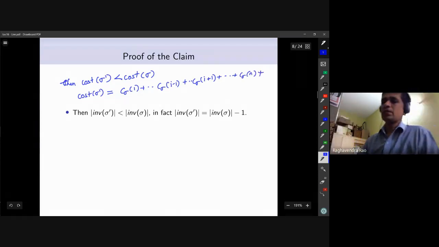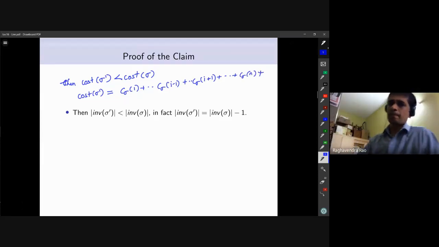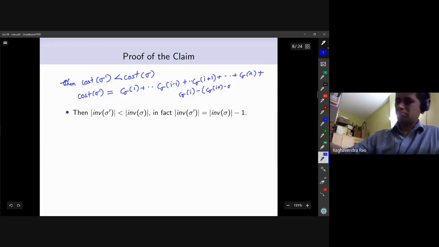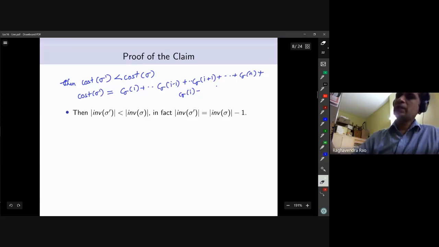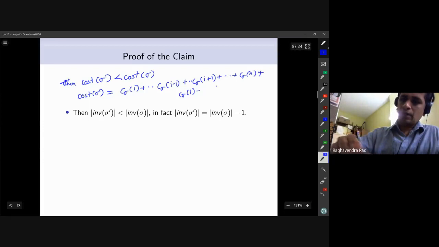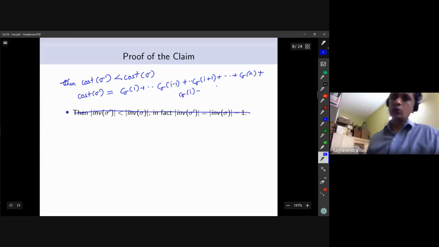So what is it for I? So for I it was C sigma I minus C sigma I plus 1... sorry, this is not correct. What was the difference in cost when you swap? Okay, let's ignore this line. I'll come to it. Let's do the computation fully.